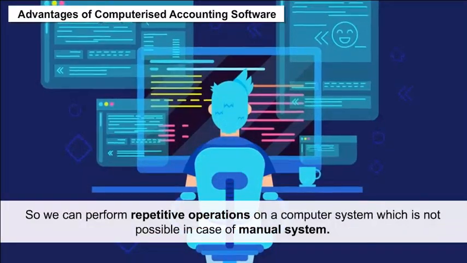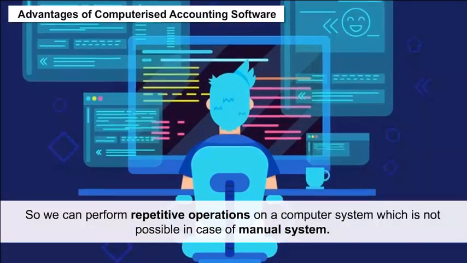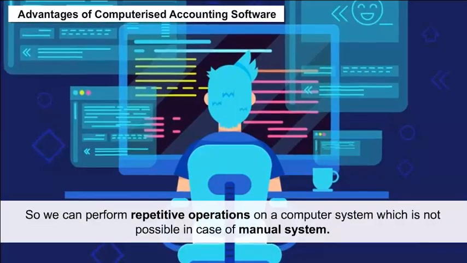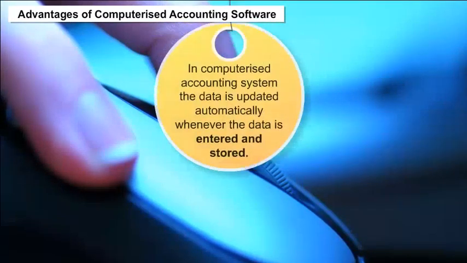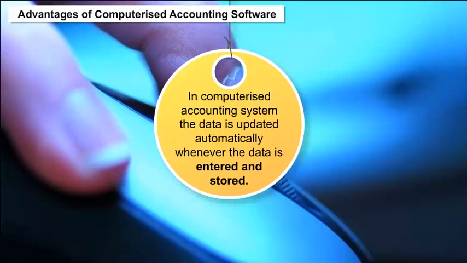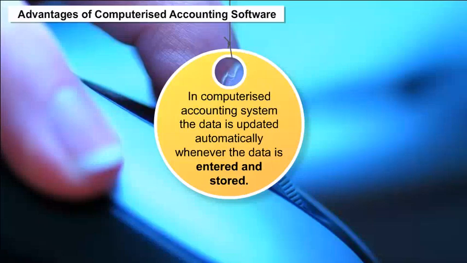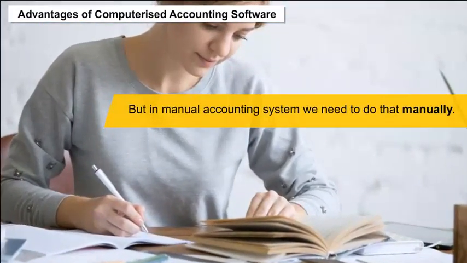So, we can perform repetitive operations on a computer system, which is not possible in case of manual system. Up-to-date information. In computerized accounting system, the data is updated automatically whenever the data is entered and stored. But in manual accounting system, we need to do that manually.